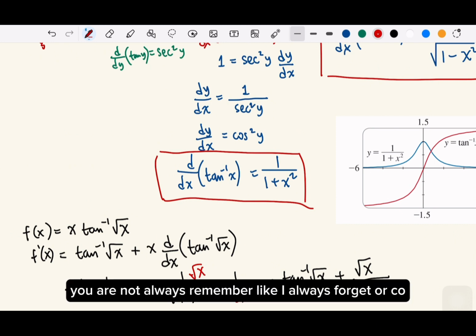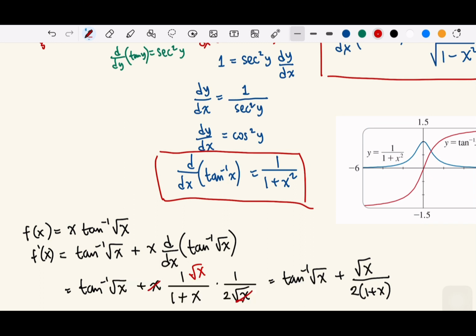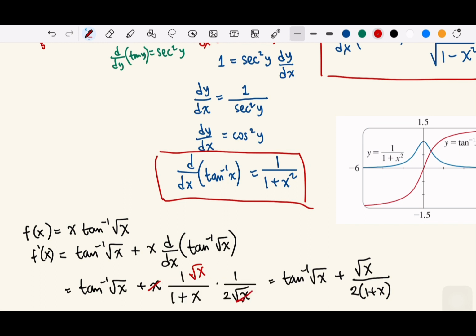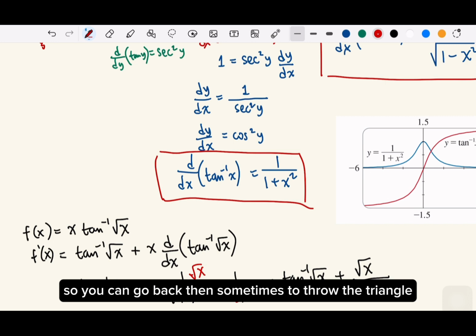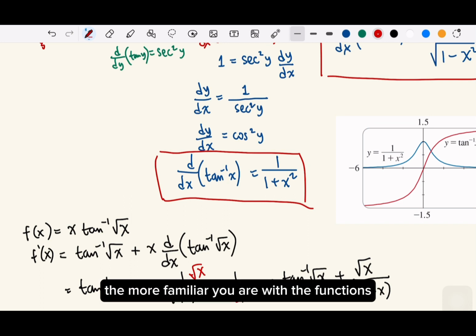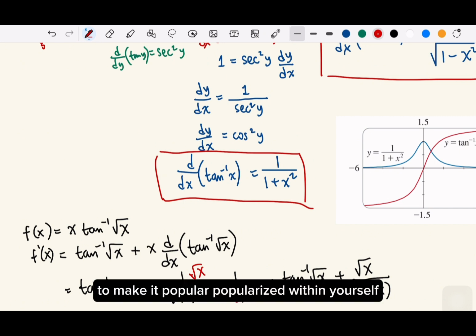Like I always forget for cosine inverse and sine inverse, so I always go back to the triangle. Okay. I forget if this is 1 minus x squared or x squared minus 1, I always forget that part. So you can go back, take some time to draw the triangle, and then define the components. The more you do that, the more familiar you are with the functions, and I think that's the best way to make it familiarized within yourself.